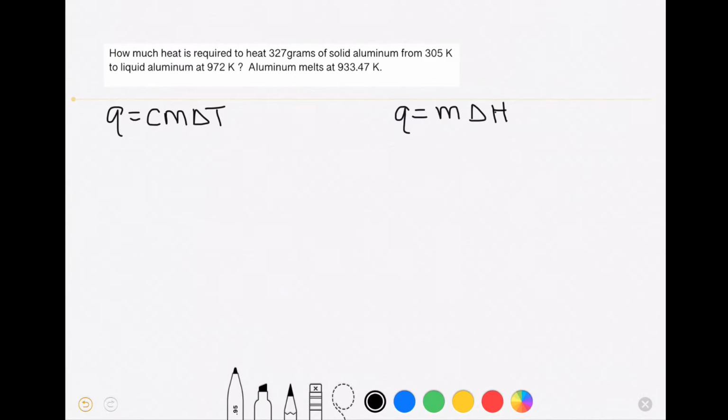Okay, so before I even start describing how to calculate this, I'm going to go over what these equations mean, so basically what these variables are that you're going to plug into these equations. And then I'll talk about how to solve the actual problem using them.